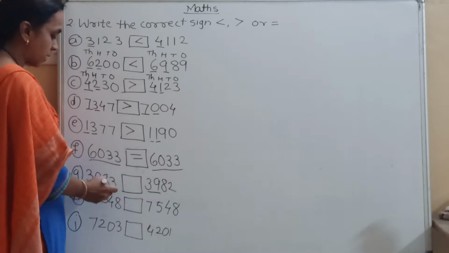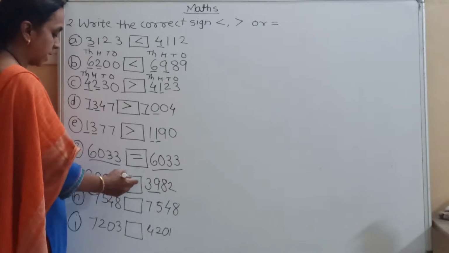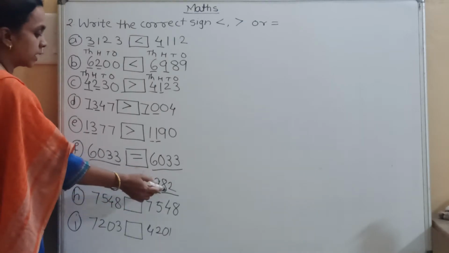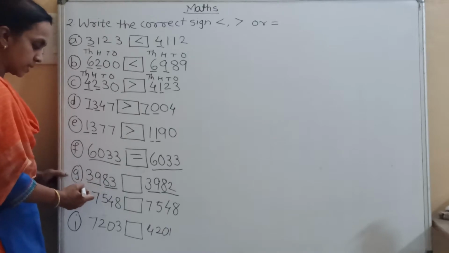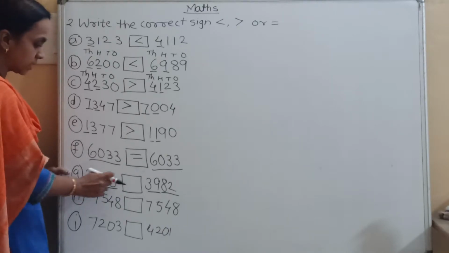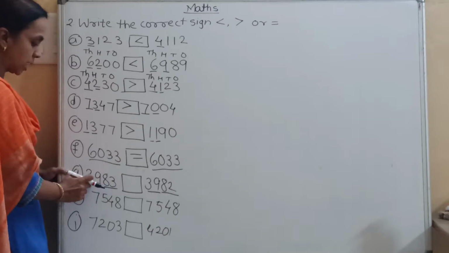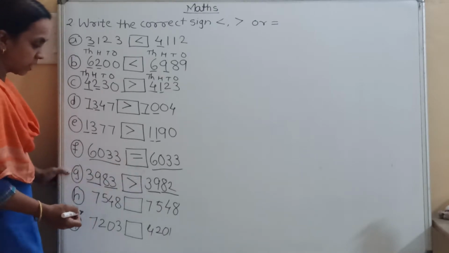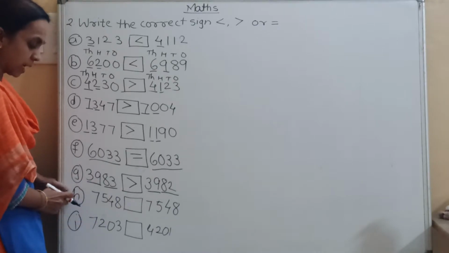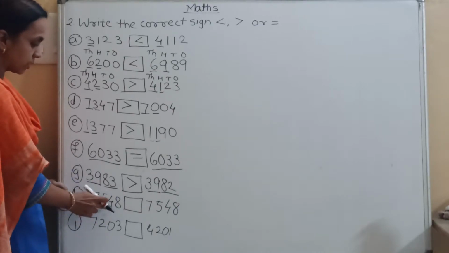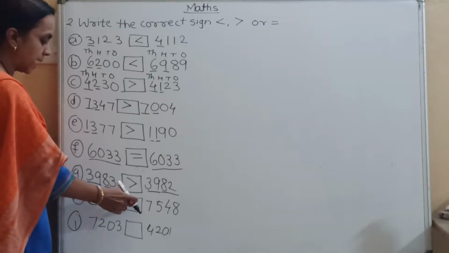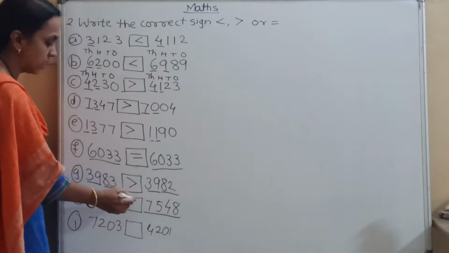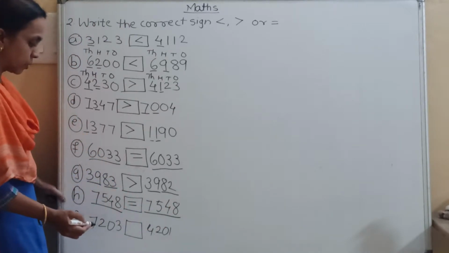Now see the tens and ones place, 83 and 82. 83 is bigger than 82, so 3983 is bigger than 3982. Okay. Now see H question. 7548 and 7548. Here also both sides are equal, so we have to give the equal to sign here.